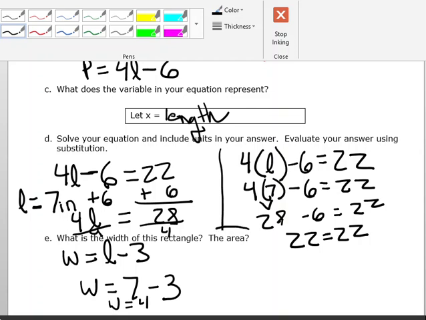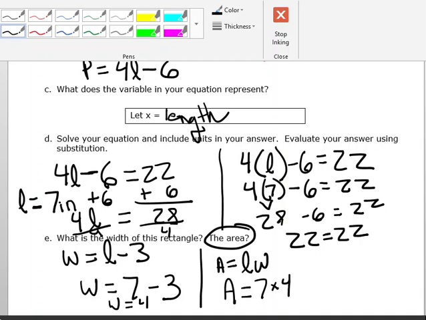Now I can use this information to find the area. Area equals length times width, so area is going to equal 7 times 4, which means my area is 28 inches squared.